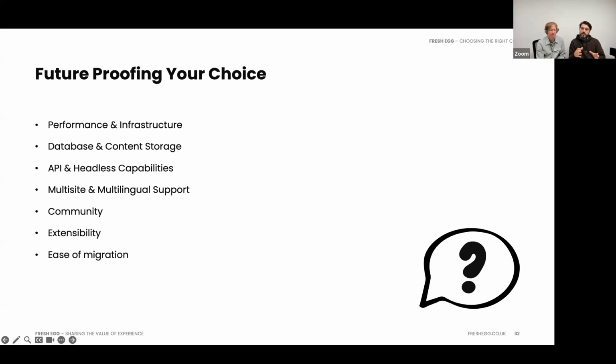One thing I would say is CMSs that are built and focus on headless, so this could be the likes of your Contentful and Strapi, they are much better at migrating data just because of the way they have to store data to make headless work.